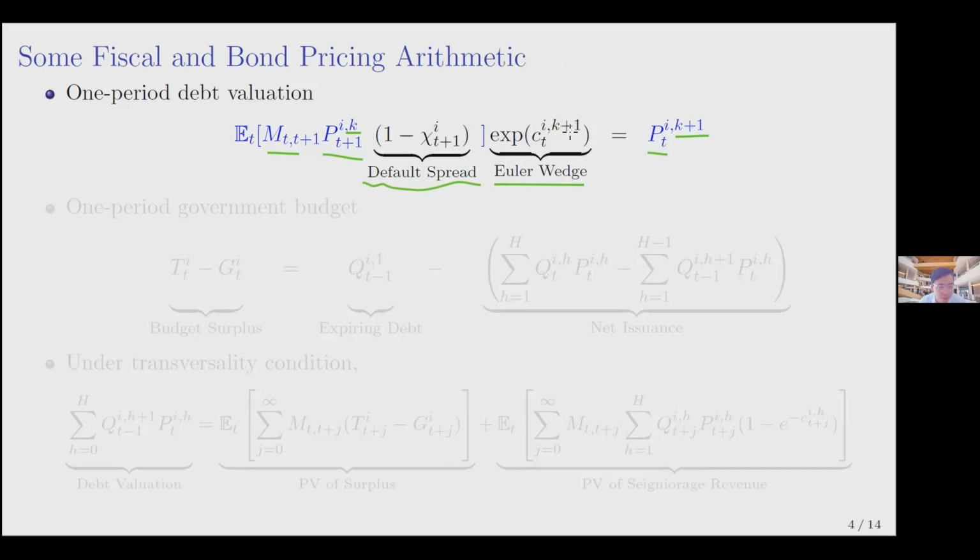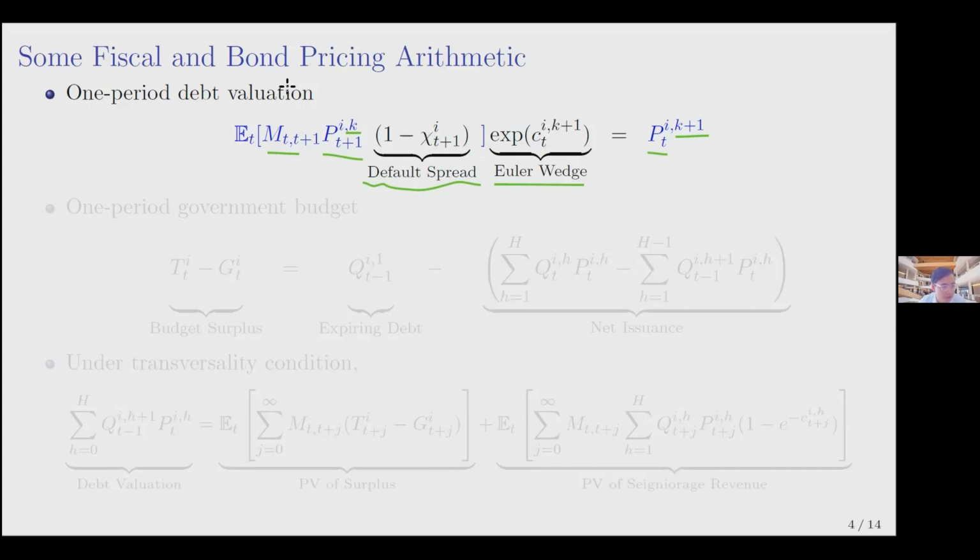So when this wedge C is positive for a certain country, it means that the investor requires a lower compensation as a form of future return to hold this bond relative to what the standard Euler equation would imply. The higher the Euler wedge, the lower the expected return investors have for this particular country's bond.